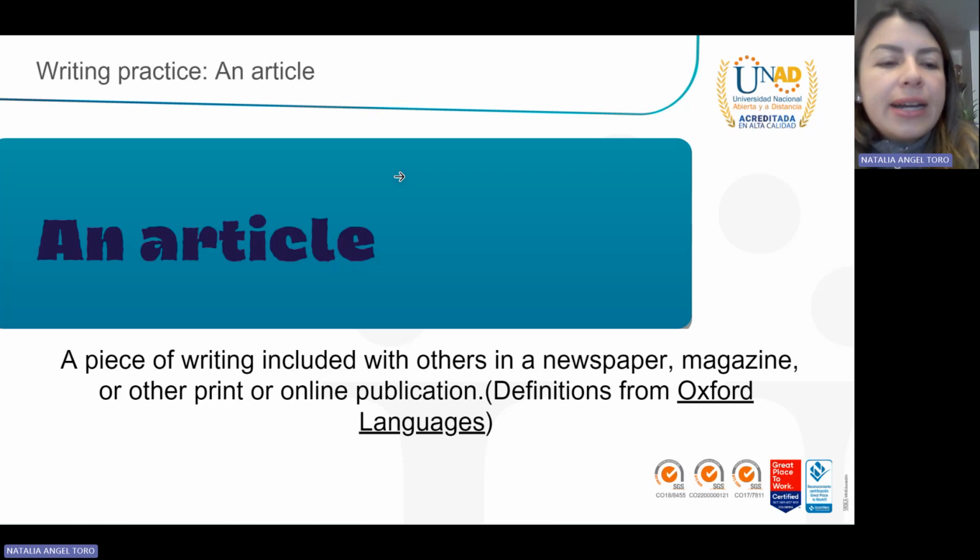So at the end, an article is a complex piece of writing that looks to show the ideas expressed by the author, or to contrast something in a topic, or to develop some main ideas. That's why there are many kinds of articles.